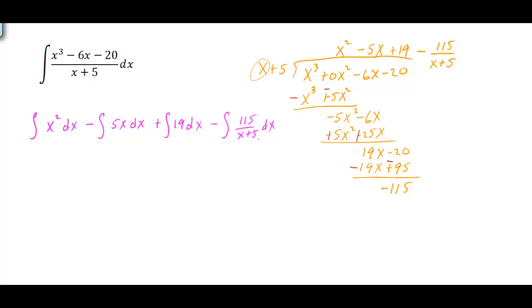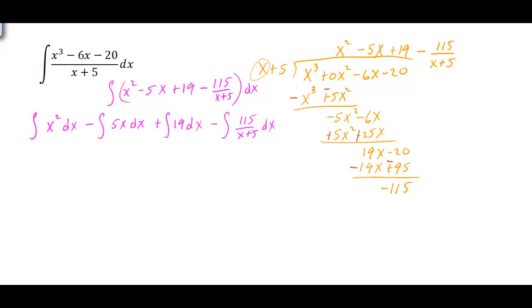Now I just wrote this out each one separately. You could certainly just write this as the integral of x squared minus 5x plus 19 minus 115 over x plus 5 dx. You could think of it this way, and then you would just certainly integrate each term individually.